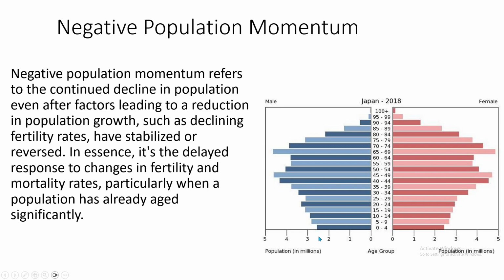And so their population still decreases in the short to medium term until eventually we see these older people die off, and these younger people who are yet to be born go into reproductive age, and then we would see our population increasing. So momentum is all about a lag in the system. So that is negative population momentum.